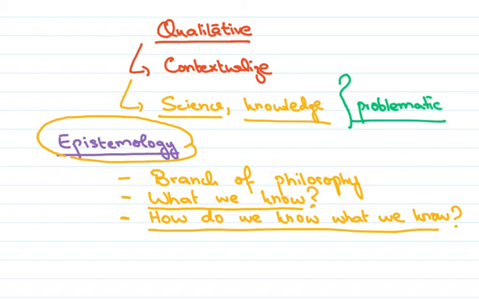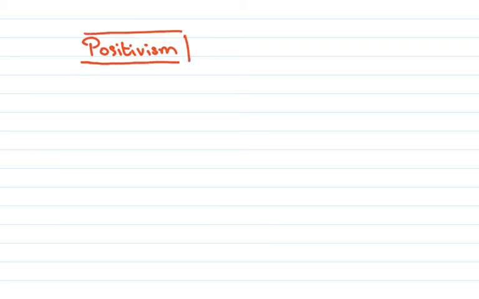And there are different epistemologies that take different positions on these two questions: what do I know, and how do I know what I know? The first of these is something that we call positivism. I don't know how many of you are familiar with this term, but positivism is also known as the correspondence theory of knowledge.